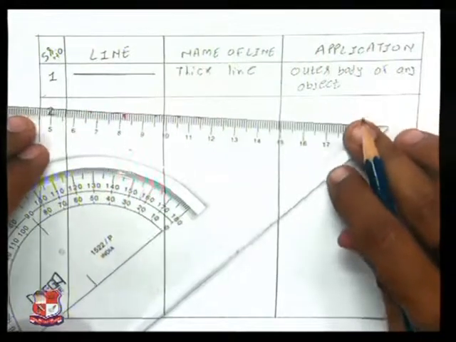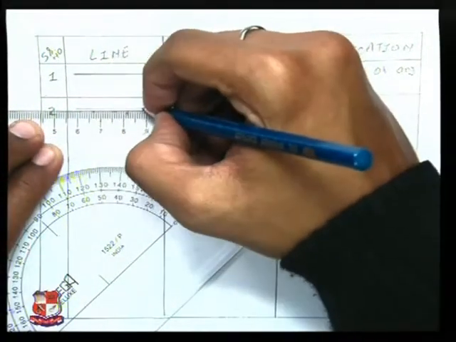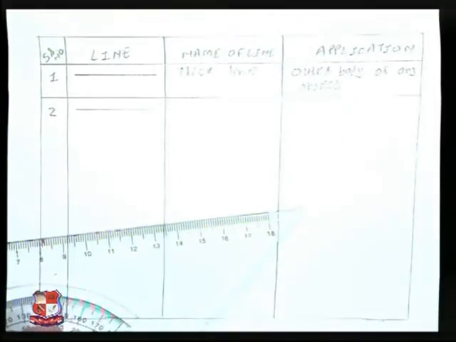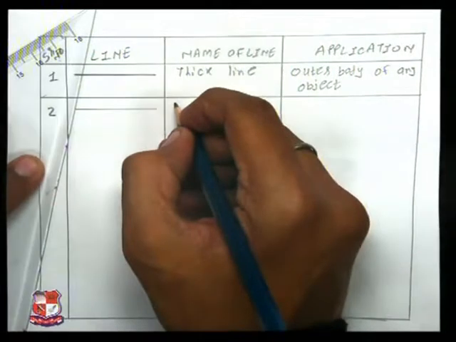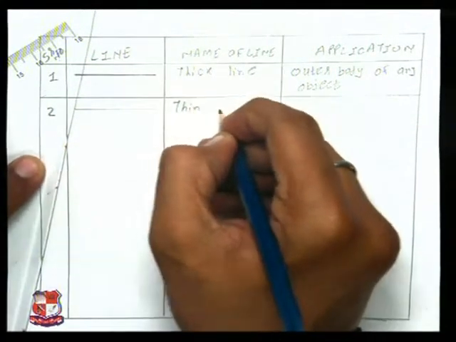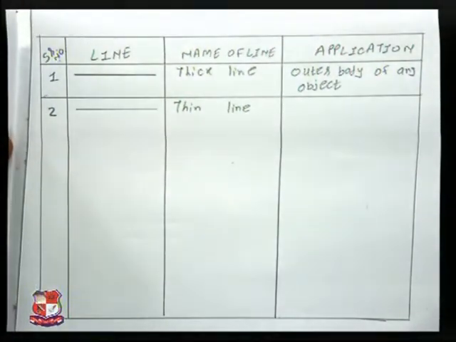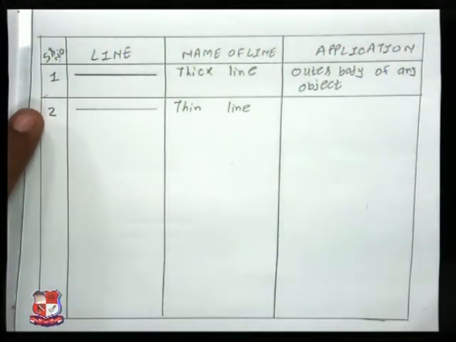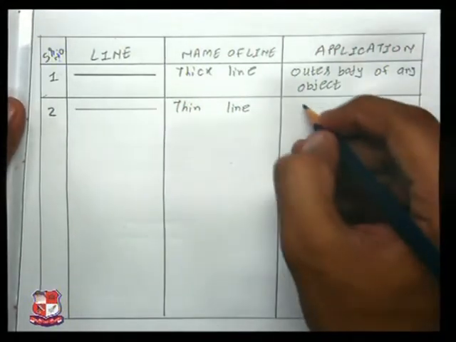Second is the thin line. What is the application of the thin line? A thin line can be used for dimensioning purposes.